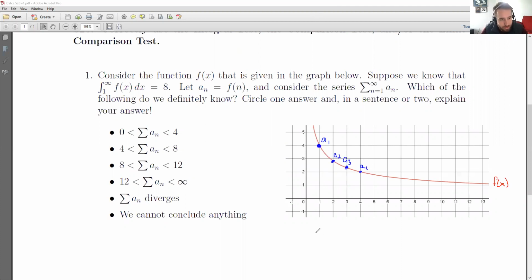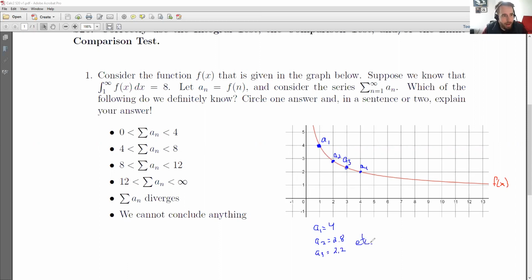Just to be really explicit, a sub 1 will equal 4. A sub 2 will be something just a little bit south of 3, maybe 2.8. A sub 3 will equal 2.2, let's say, and so on.